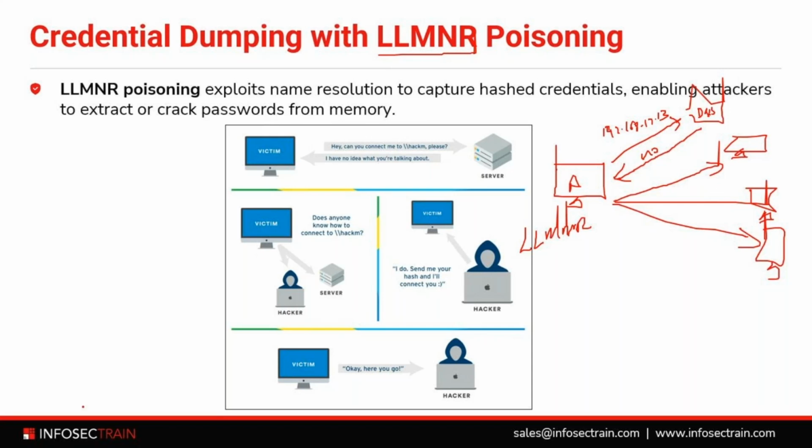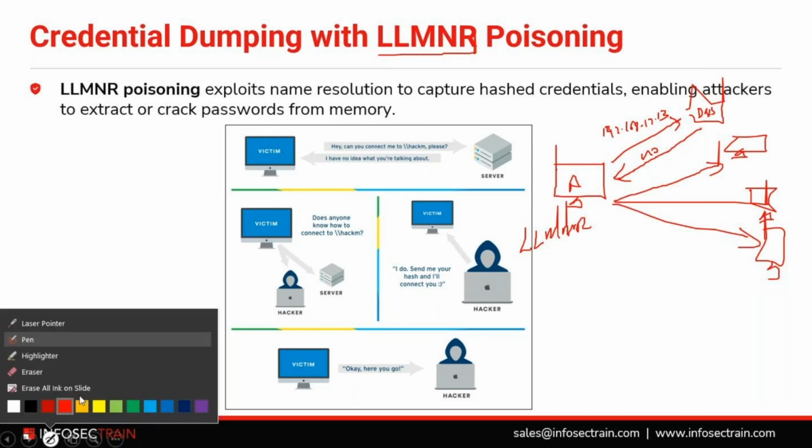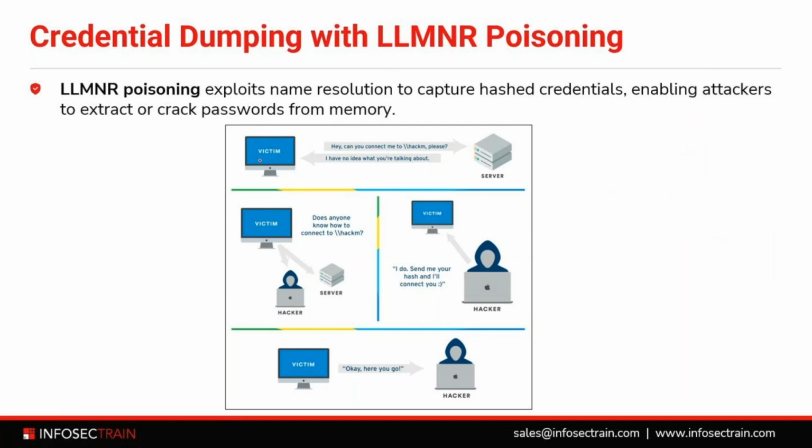Now in this, the attacker takes advantage. How? The user says, can you connect me to ABC? Let's say \\ABC, the shared drive. The DNS server says, no, I have no idea. Then there is an LLMNR multicast in the whole network, and the victim asks, does anyone know how to connect to \\ABC?